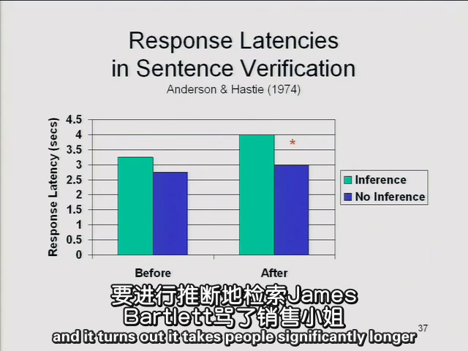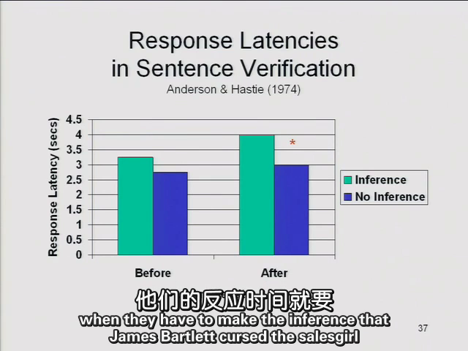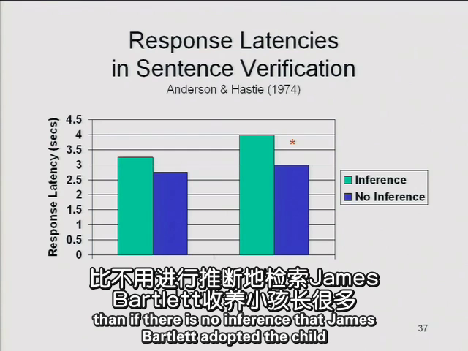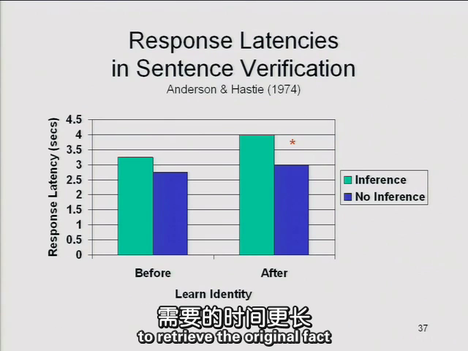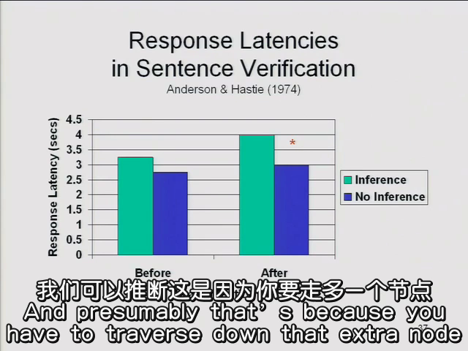It turns out it takes people significantly longer when they have to make the inference that James Bartlett cursed the salesgirl than if there's no inference that James Bartlett adopted the child. It takes longer to make that inference than it does to retrieve the original fact, and presumably that's because you have to traverse that extra node.